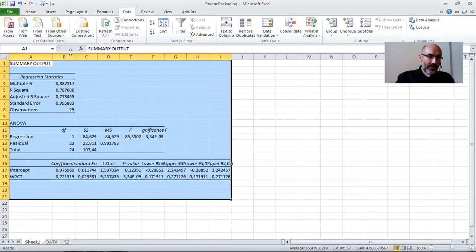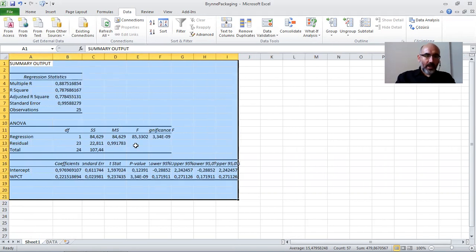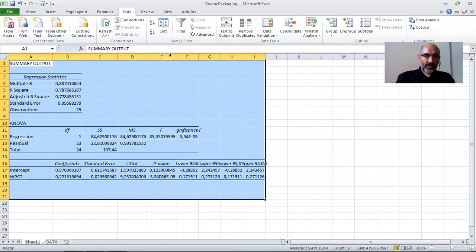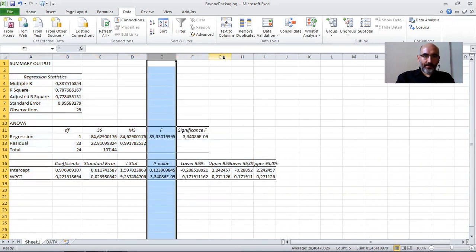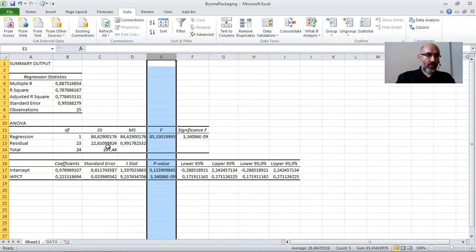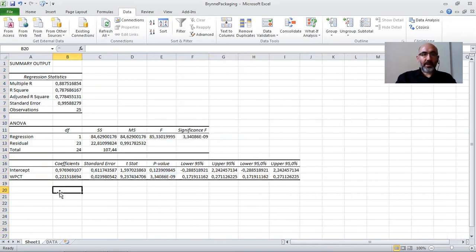Now this is very much like the output we saw in our slides. So I'll just make everything here slightly larger. So what do we get from here? Again, multiple R. This is an upward sloping line, so this is the correlation between WPCT and rating, 0.88.